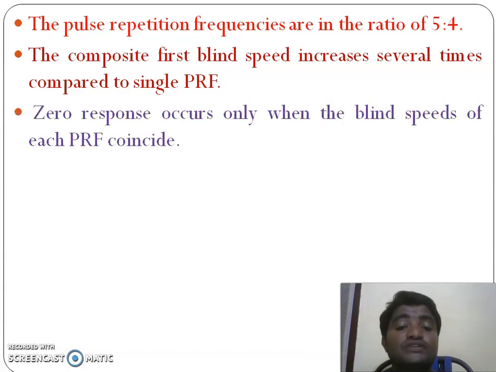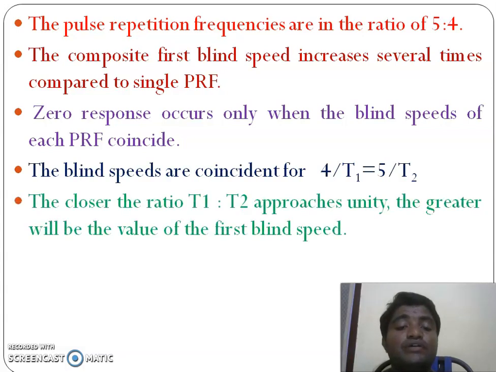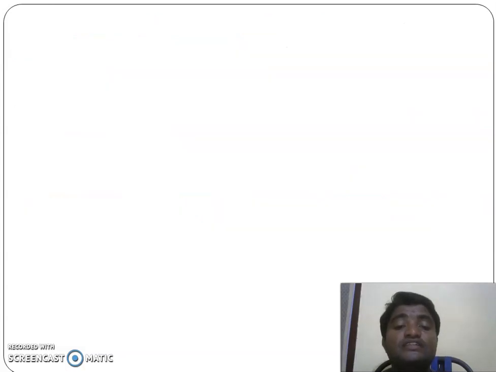The zero response occurs when the blind speeds of each PRF coincide, and blind speeds occur when 4 by T1 equals 5 by T2, and the closer the ratio of T1 by T2 approaches unity, the greater will be the value of the first blind speed. This is about staggered pulse repetition frequencies, and by using multiple pulse repetition frequencies, we can reduce or minimize the effect of blind speeds.